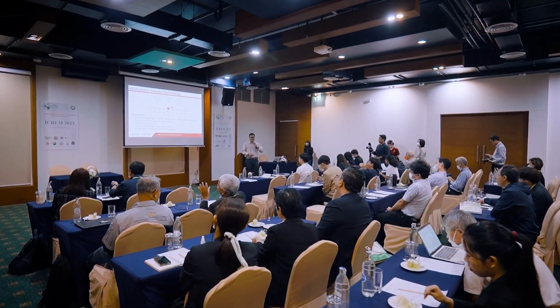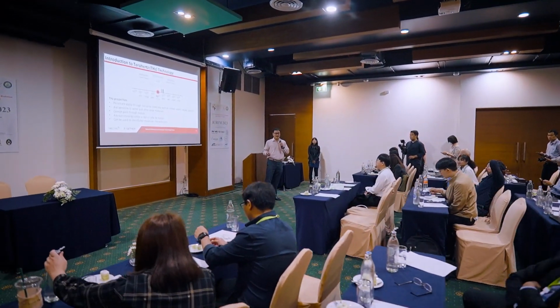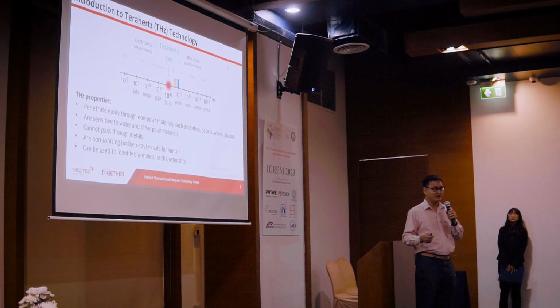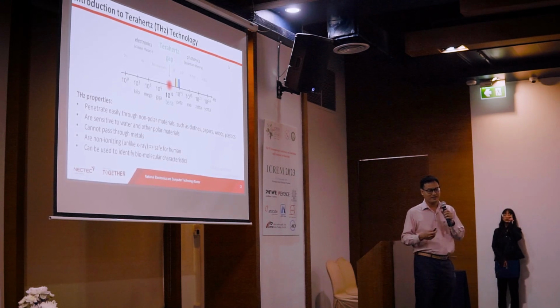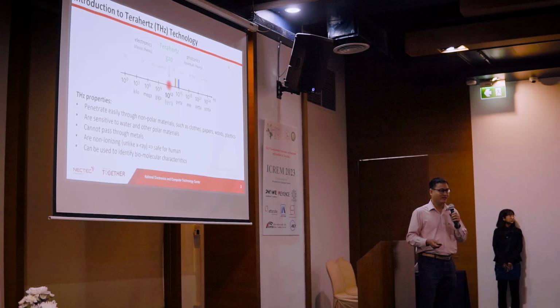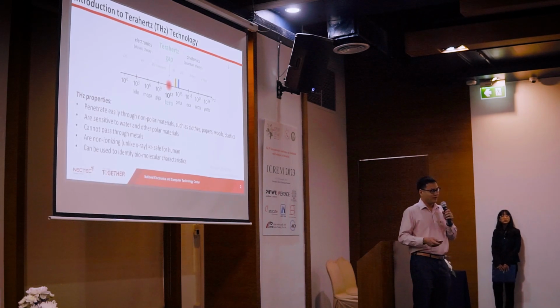Terahertz is just another kind of electromagnetic wave that has a frequency in the order of 10 to the power of 12 hertz, or approximately 1000 gigahertz. Even though terahertz signals are very challenging to generate, they still have some interesting properties that are worth looking at.